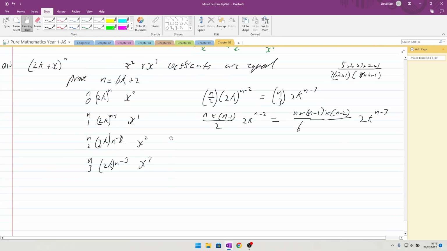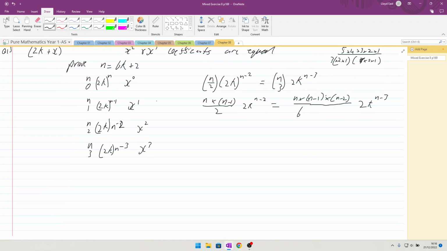Okay, so what do we have? Let's multiply that out. So we get n squared minus n over 2 times 2k to the n minus 2 equals... where's that one going then? n squared minus 3n.